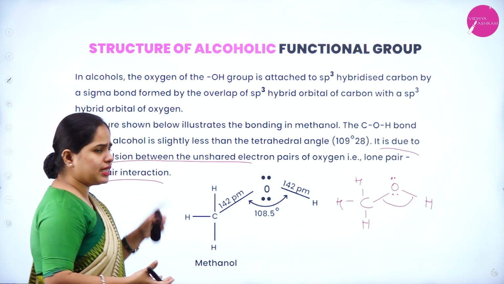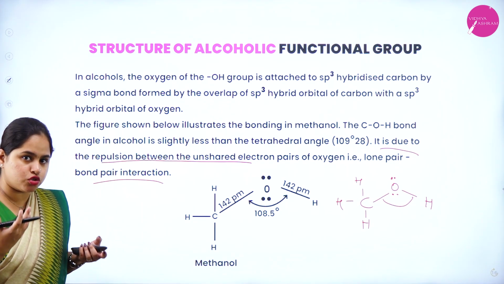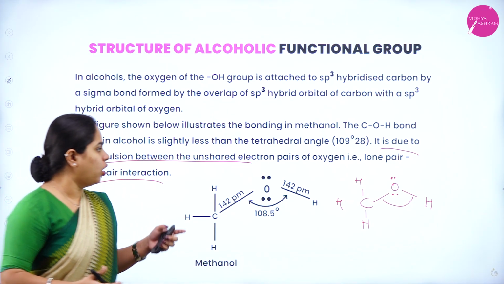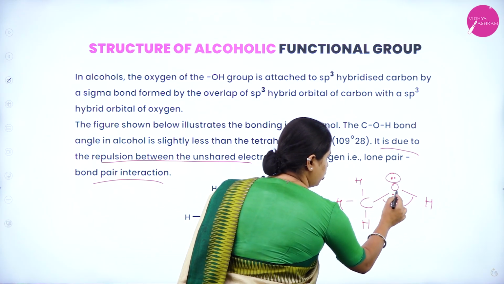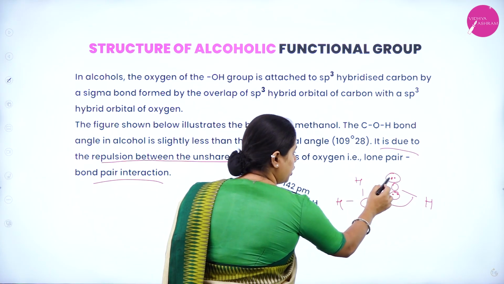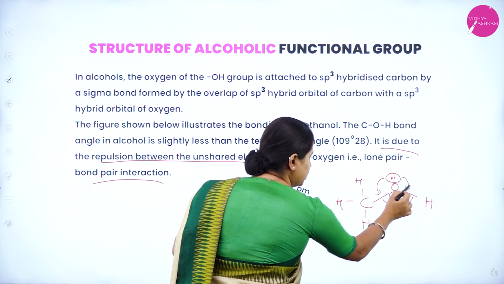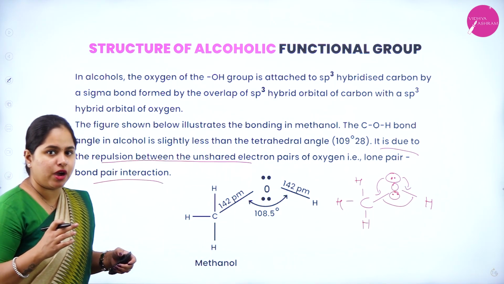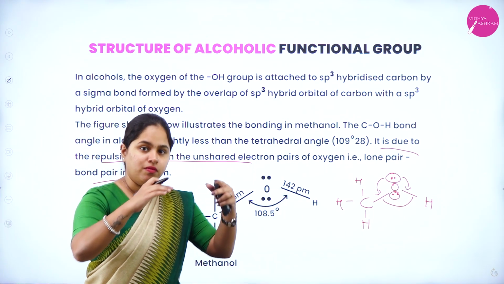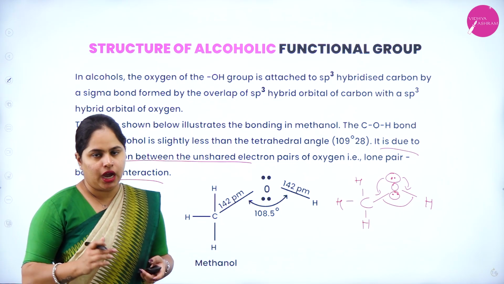So as it is sp3 hybridized, it is supposed to be tetrahedral, but because of the presence of these 2 lone pairs, there will be a lone pair bond pair repulsion, by which the angle will decrease from 109 degrees. I hope it is clear.